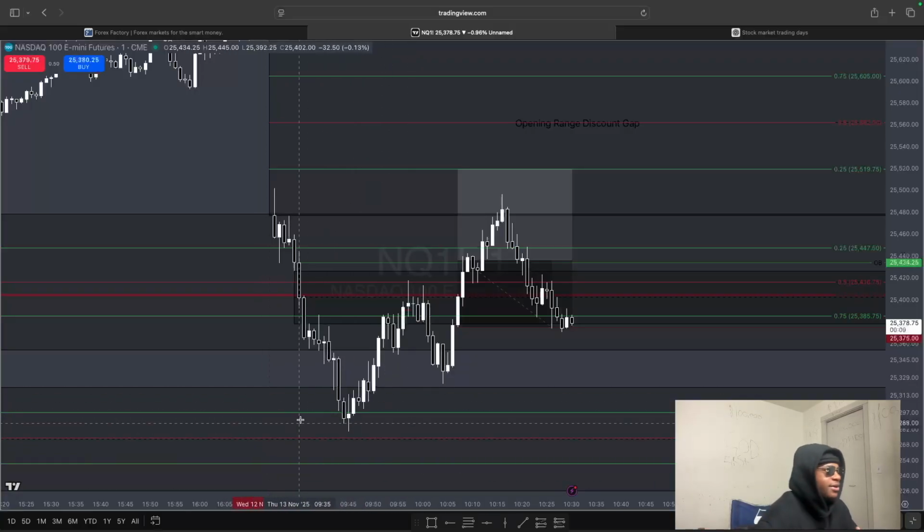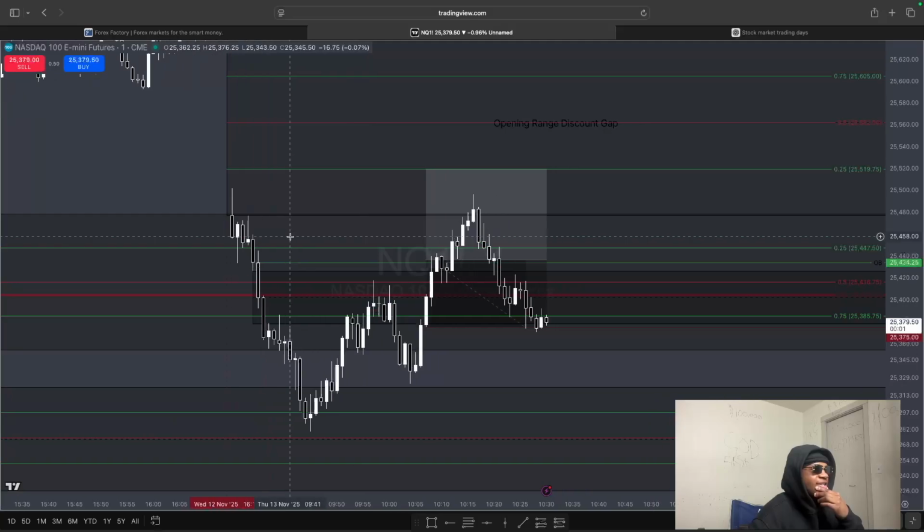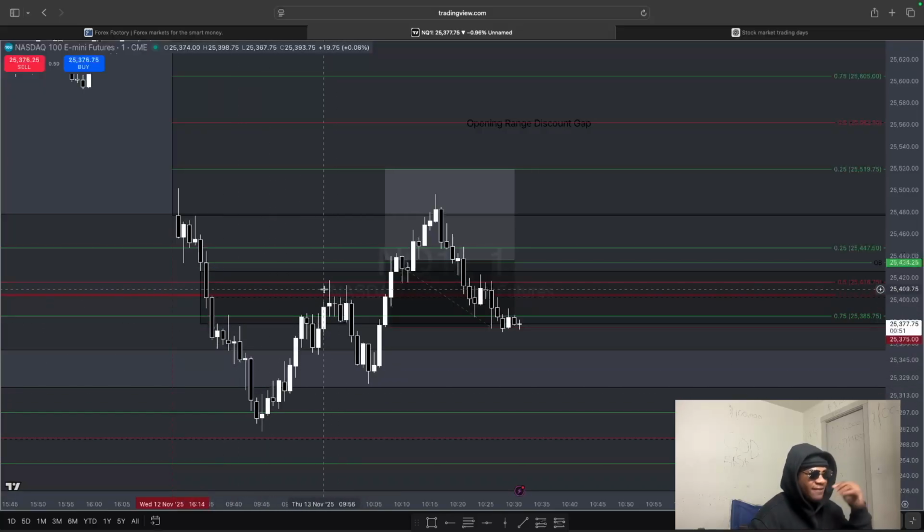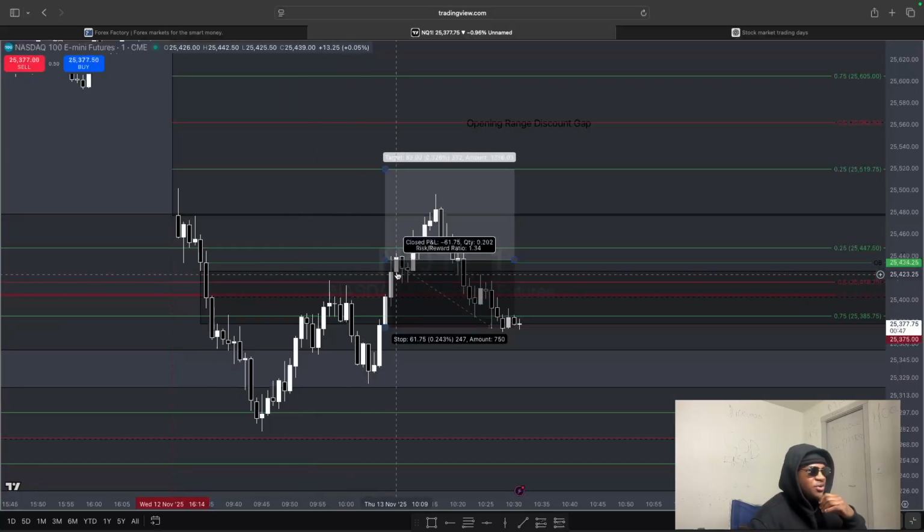I'm like, bet. After we were coming down to it, I look at the left side, what happened. I see this huge fair value gap, sell side imbalance, buy side inefficiency right here. Price chills in it for a minute, but I mainly wait for the 950 to 1010 macro. What happens?